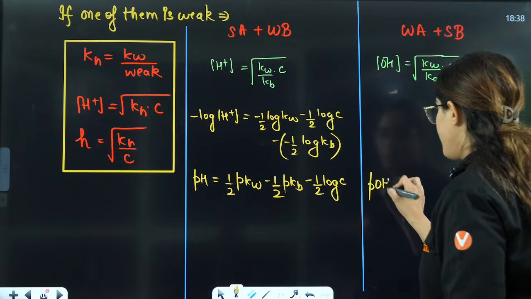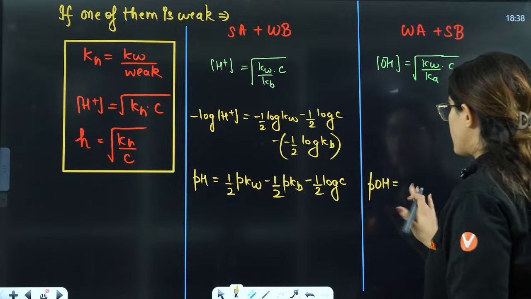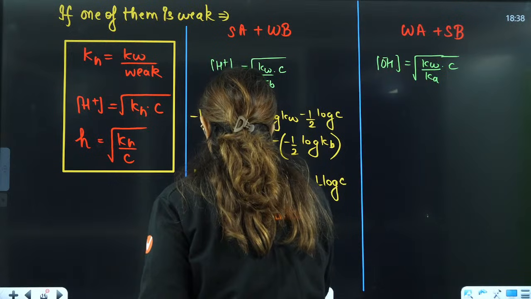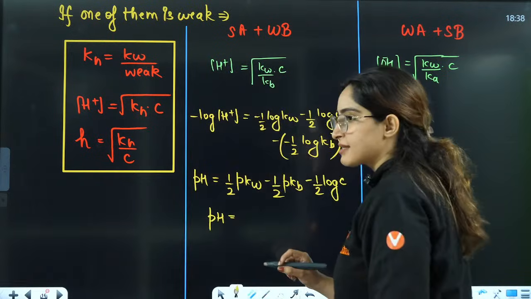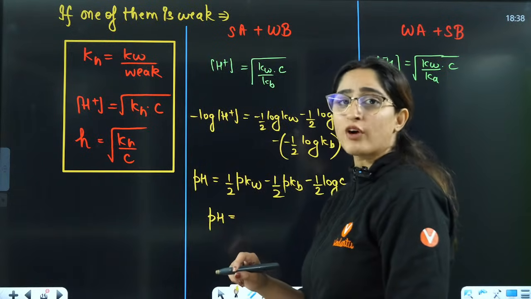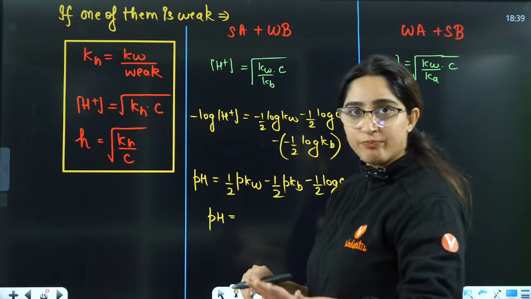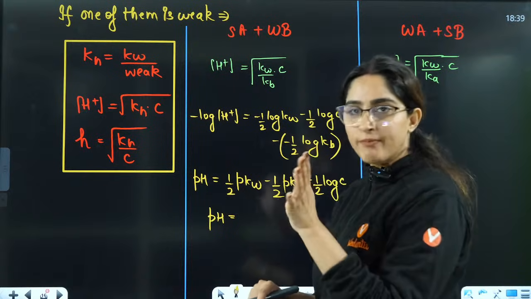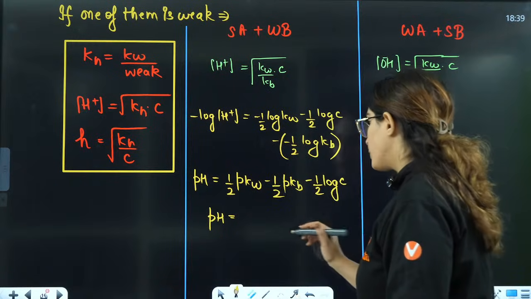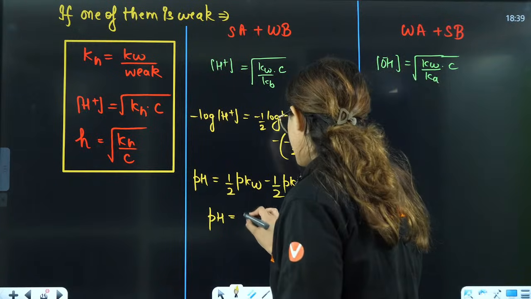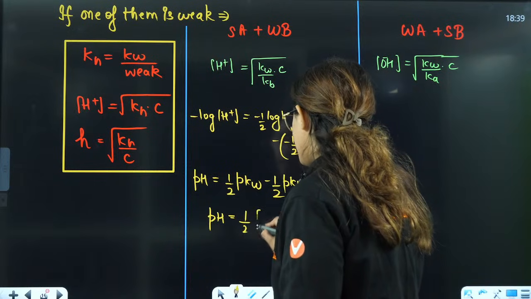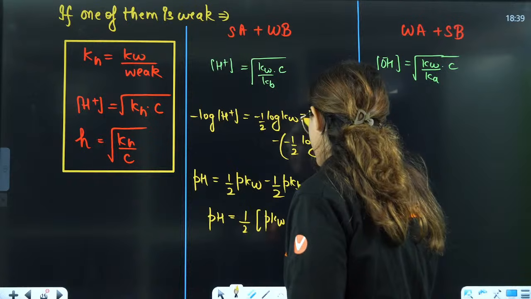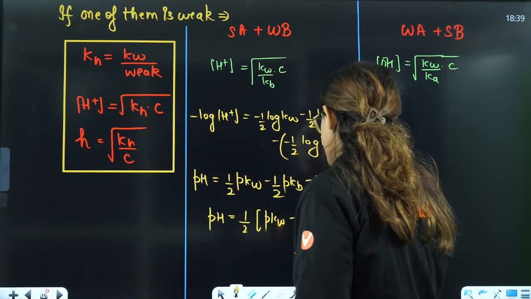This will become POH. Let's calculate only this thing. This will become pH. What is pKw at 25 degrees Celsius? At 25 degrees Celsius, it's 14. But I will not write 14 here because if they give you some other temperature, then it might change. So I'll give you pKw only, right? So it will be, take half common, and this will be pKw minus pKb minus log of C.